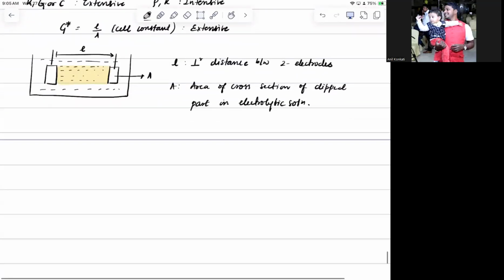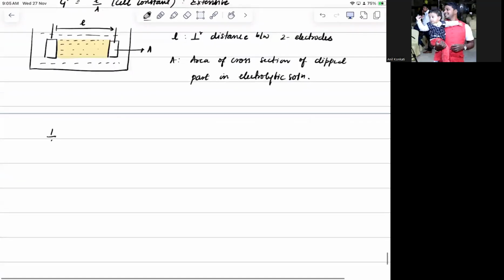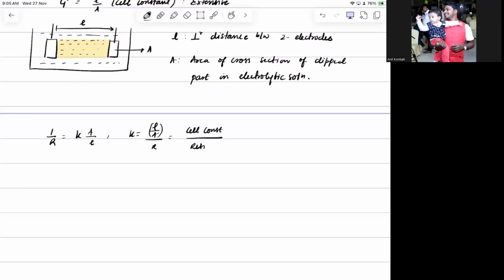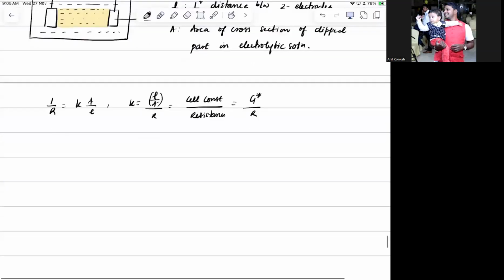So that makes 1 by R equal to kappa into A by L, and kappa is equal to L by A by R. So that is equal to cell constant divided by resistance. This will be used a lot of times while solving problems, which is G star by R.